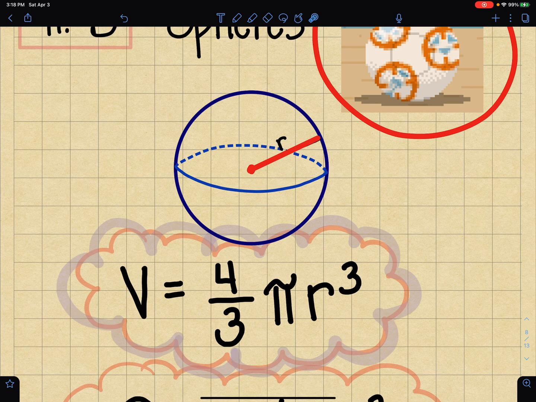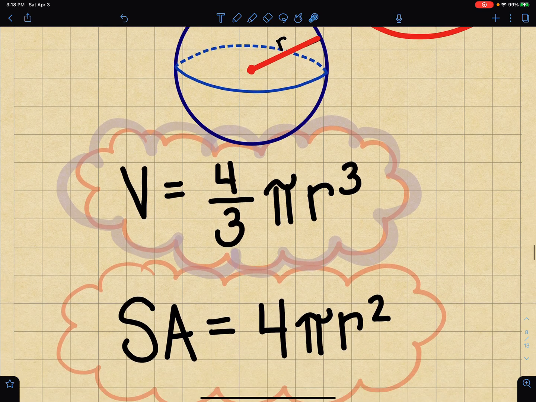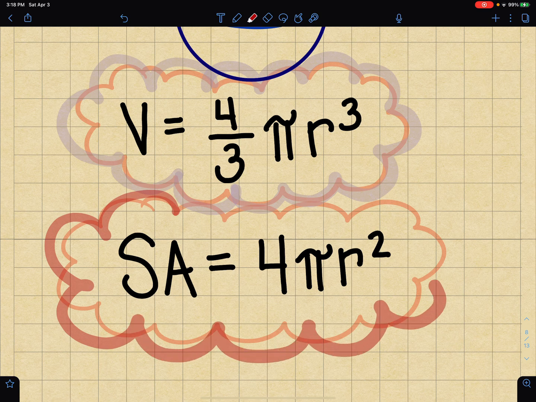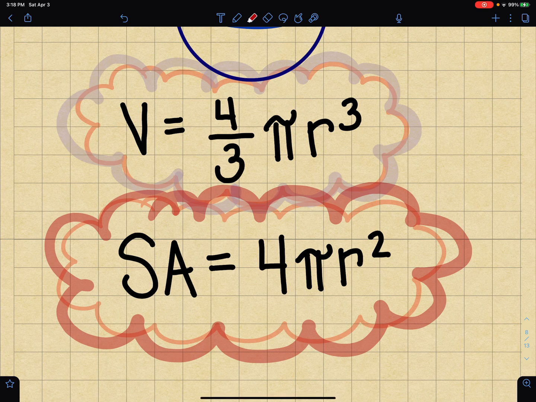Okay? There's another thing that you will always know if somebody gives you the radius of a sphere. You can figure out the surface area of that sphere. So that's kind of cool too. If someone gives you the radius, you will pull this equation out of the recesses of your brain. Ooh, that cloud thought actually looks like a little brain. So this is going to be hiding in the recesses of your brain from now on. Surface area is 4 pi r squared.